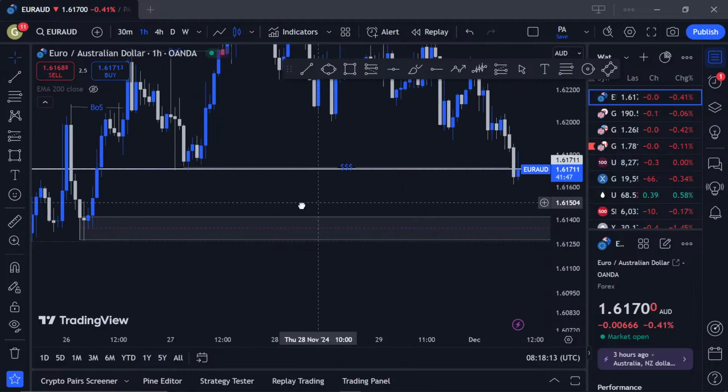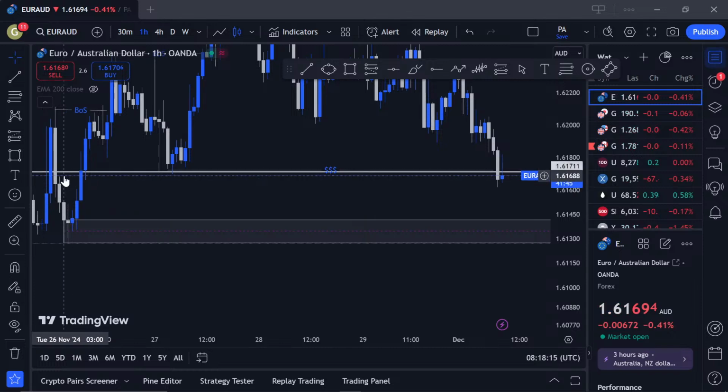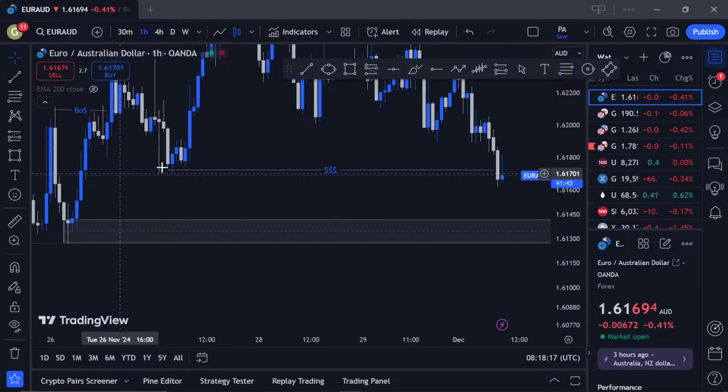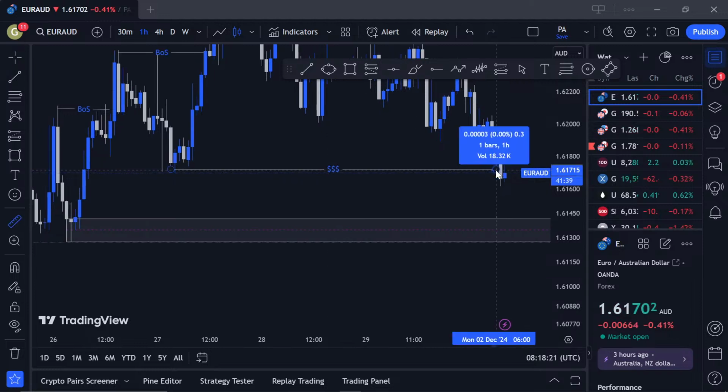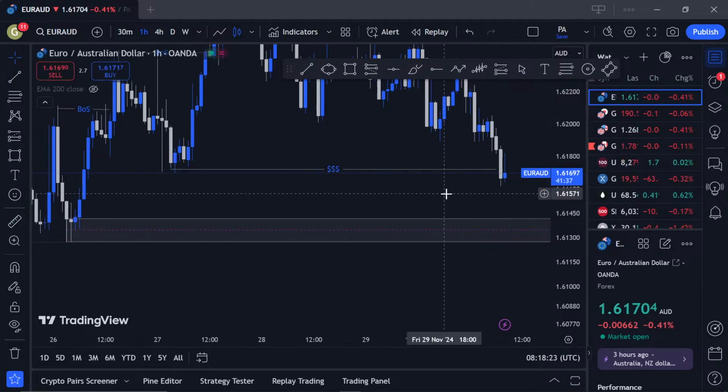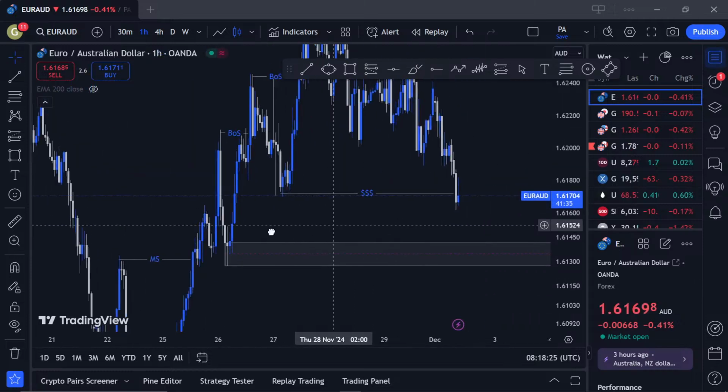Now, basically with this setup right now, we want this market to actually sweep the liquidity at this support level and then come straight down to this 1.163 level on Euro AUD before we get in.